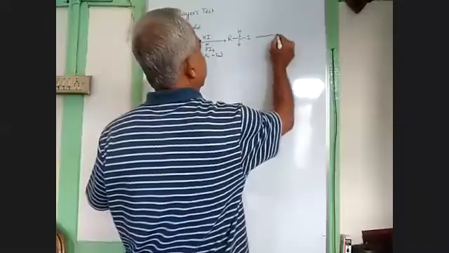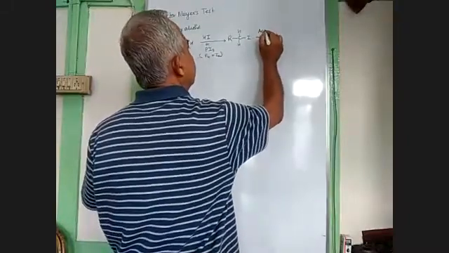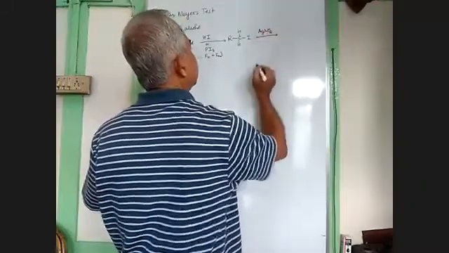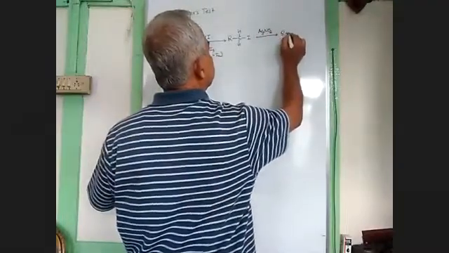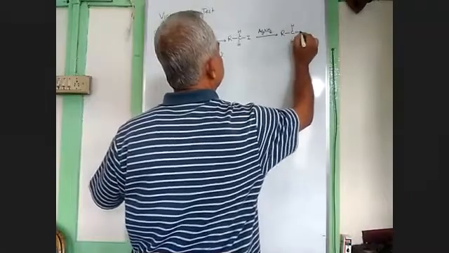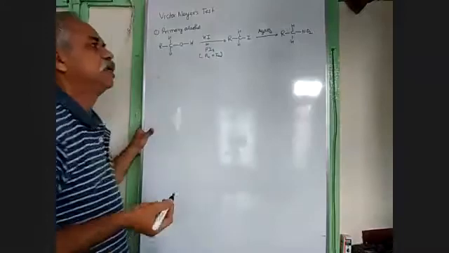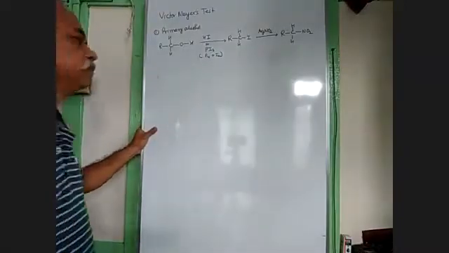Then this one I will treat with silver nitrite. This also we have discussed in haloalkanes, because nitrite is an ambident nucleophile, and if it is silver nitrite, it will bind through nitrogen. You will get this.